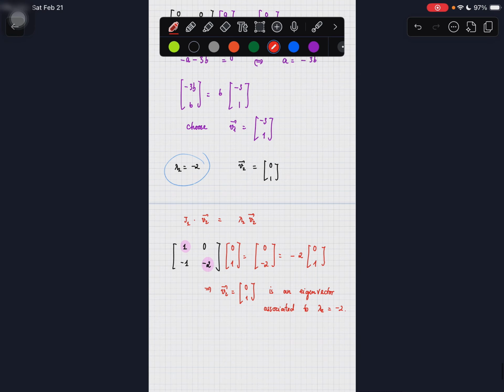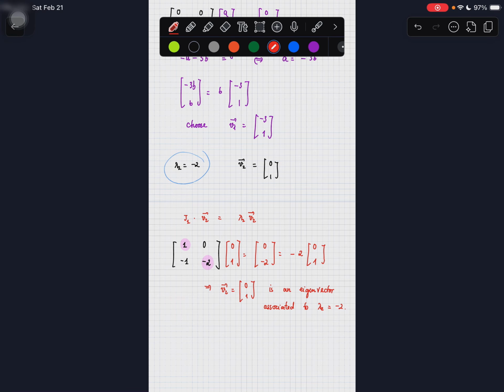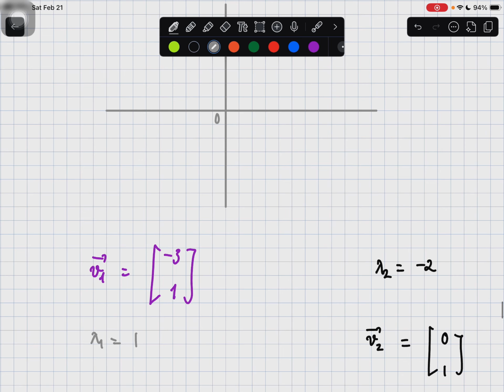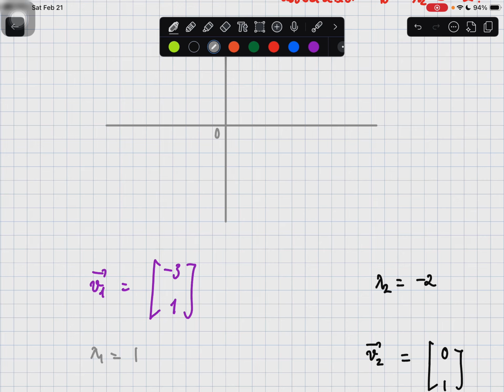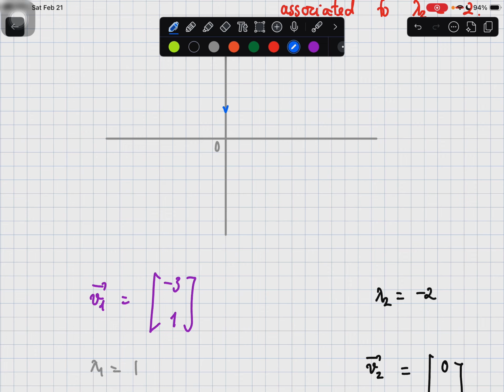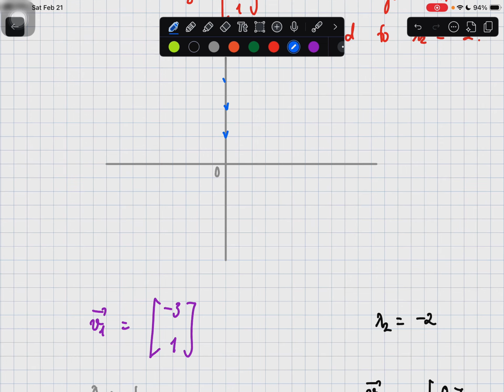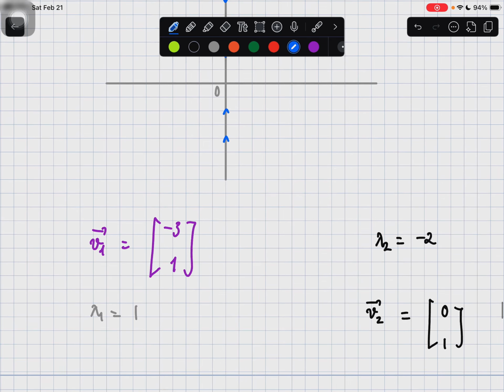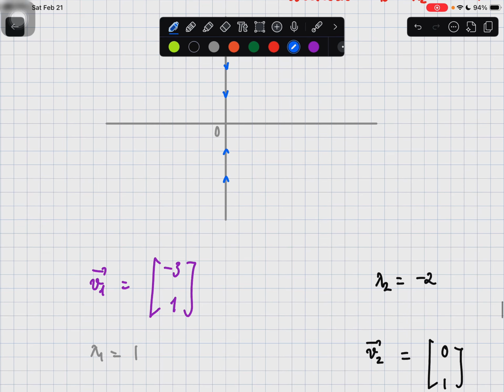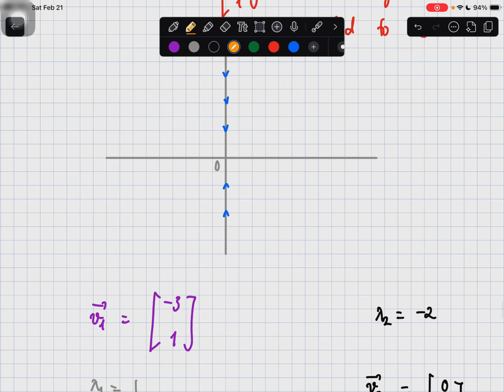Now we have two eigenvectors here. You can sketch the picture. v2 (0, 1) will be the vertical line. Since we have minus 2, let's go inward there. v1 (minus 3, 1), so we should have this axis.